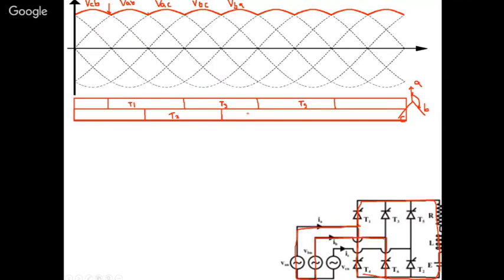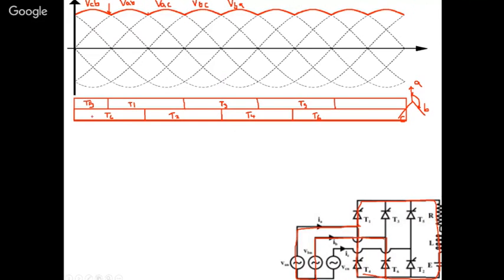So here, this T2 we saw. So this will be your T4. So this is your T6, and here again you have T6, and this is your T5. So this is the general firing circuit.